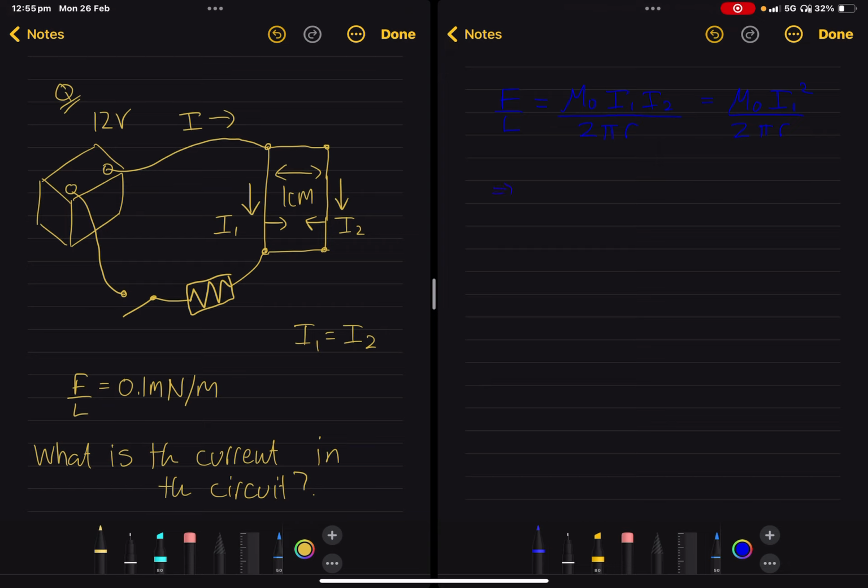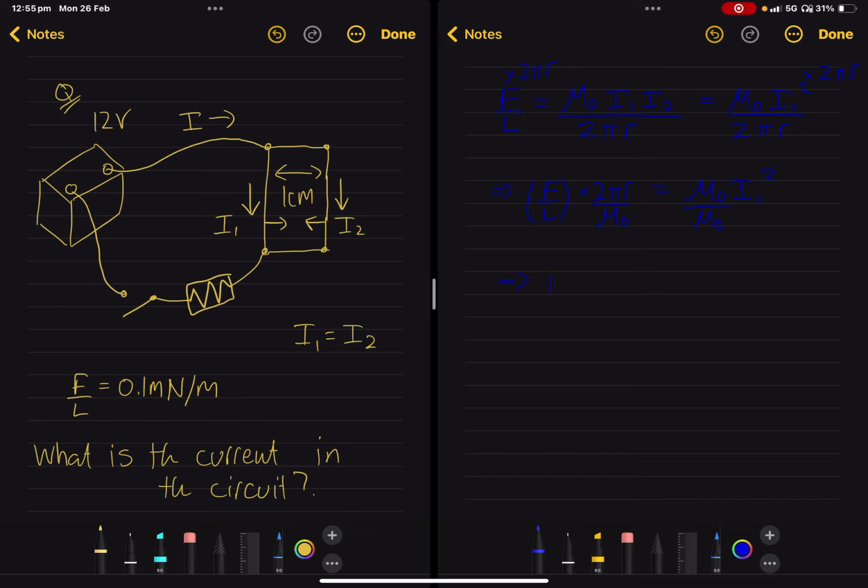So we can rearrange this. We'll multiply both sides by 2 pi r. This gives us F on L, which I'll keep on its own, times 2 pi r is equal to mu naught times I1 squared. Divide both sides by mu naught, and then take the square root.